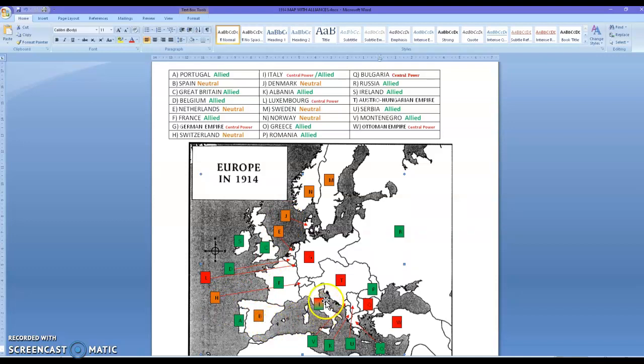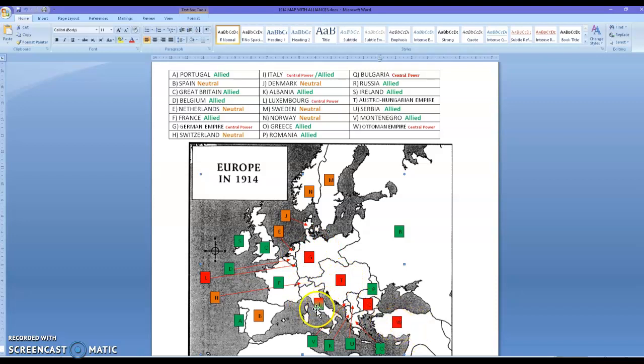But you'll notice this, Italy. What do we do about Italy? Because Italy started out as a founding member of the Triple Alliance. So that's the major power bloc that includes Germany, Austria, and eventually the Ottoman Empire.